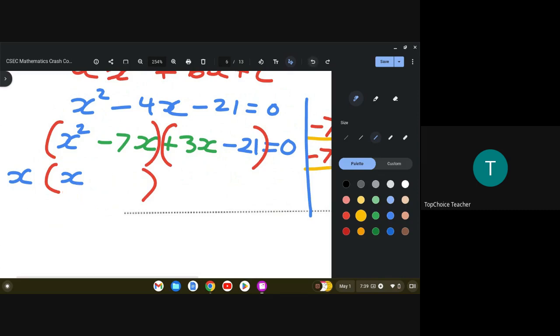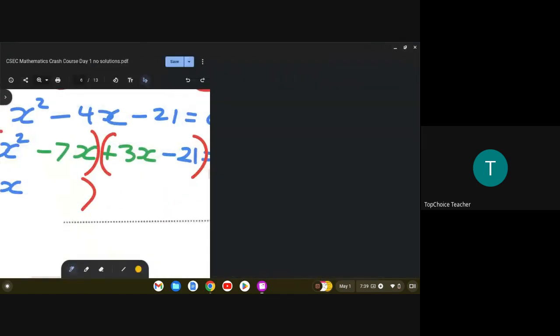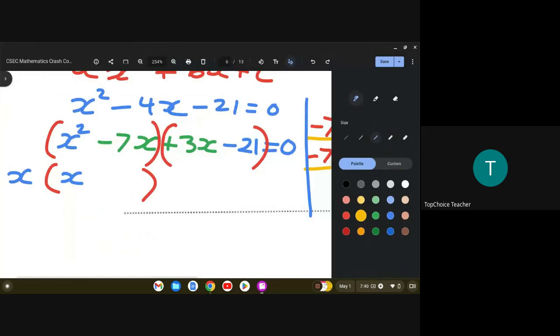Another way you could think about this, in order to figure out what goes inside that bracket, what I normally show students is you take these terms and divide them by your common factor. So if you don't understand what we just did, x squared is x times x. If you divide that by the common factor x, watch what happens.